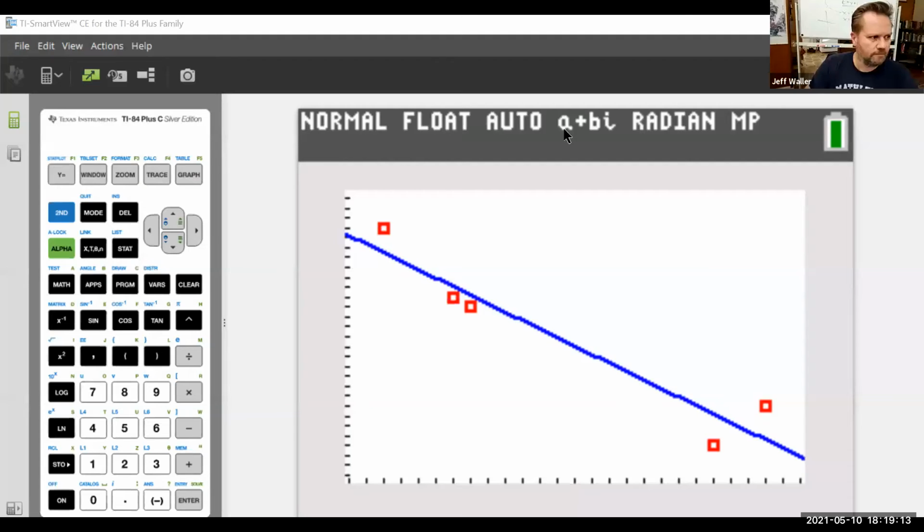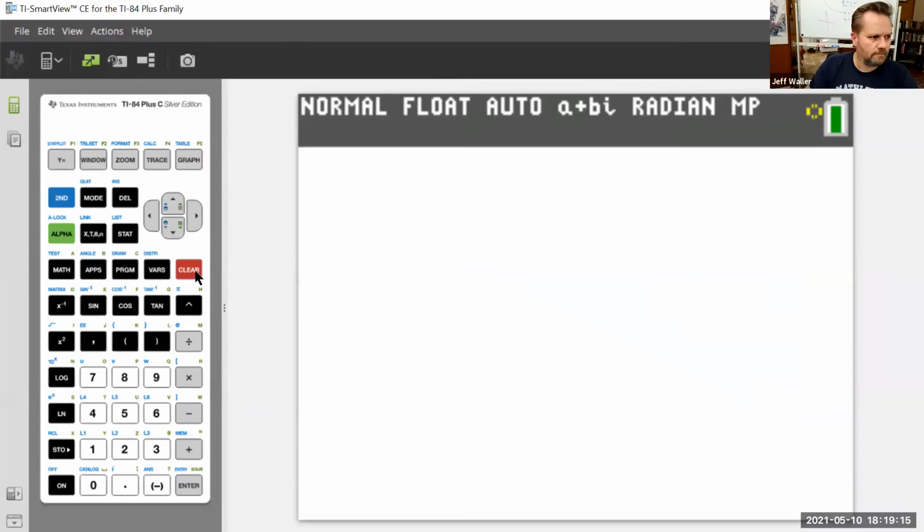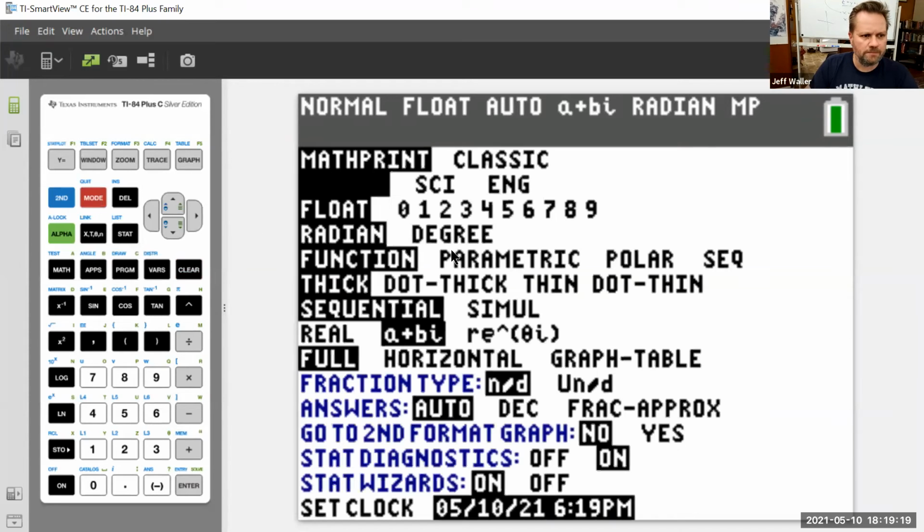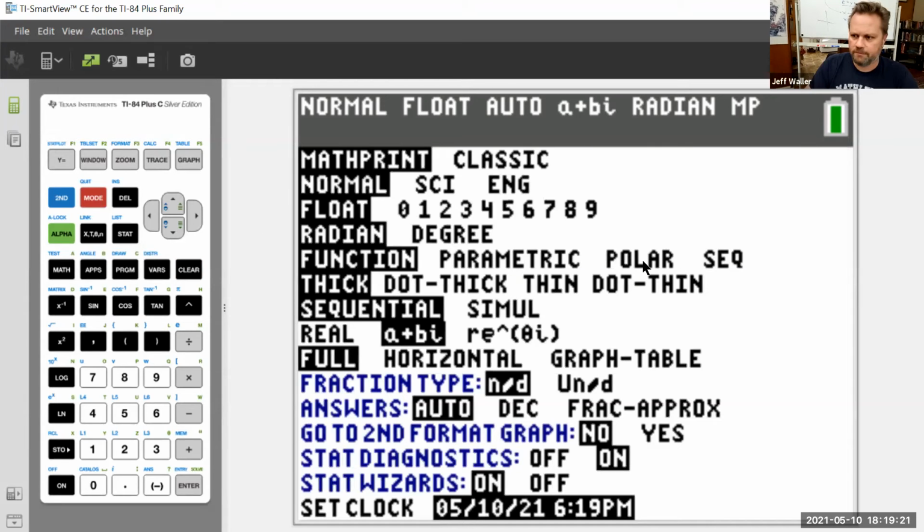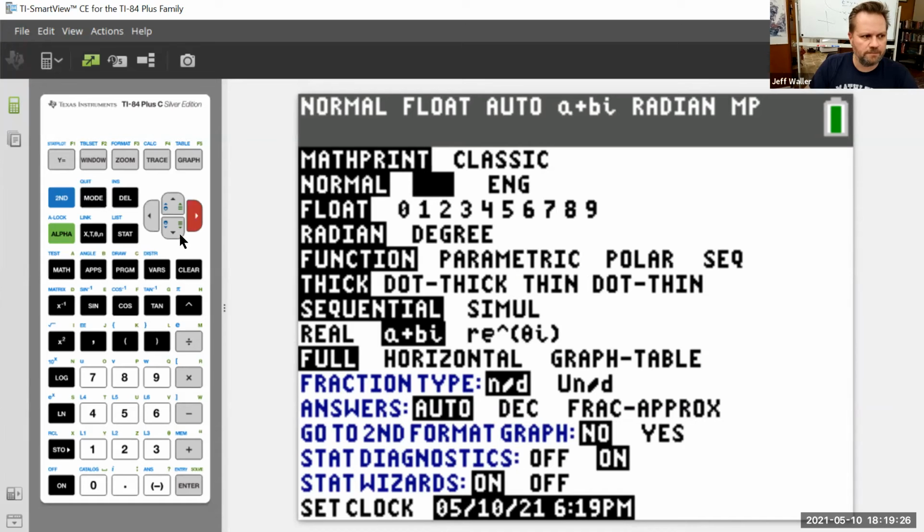So if you got your calculator, kids, do you remember how to change to polar coordinates? Where do you go to change to polar coordinates? Anybody remember? You go to mode, there's polar, and of course, right before that, parametric.